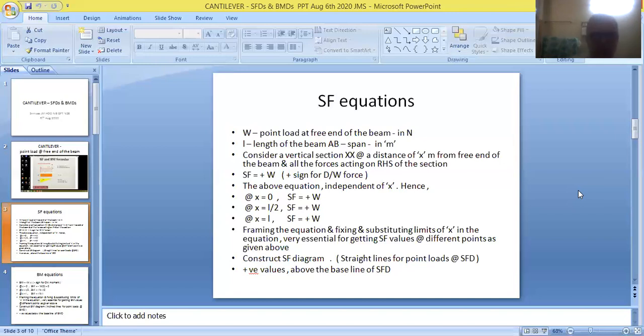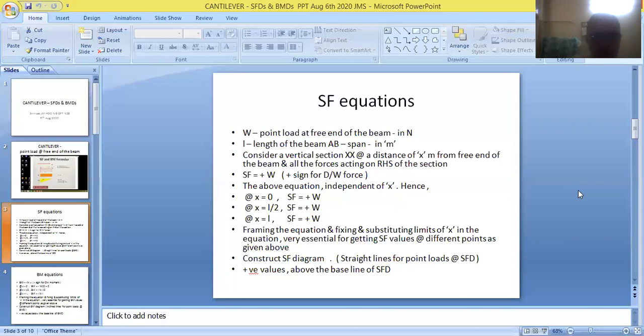So framing the equations, fixing the limits and substituting the limits of x in the equation is very, very essential for getting the SF values at different points. So we could find out the SF values at different points, and using these values, we can actually construct the SF diagram.